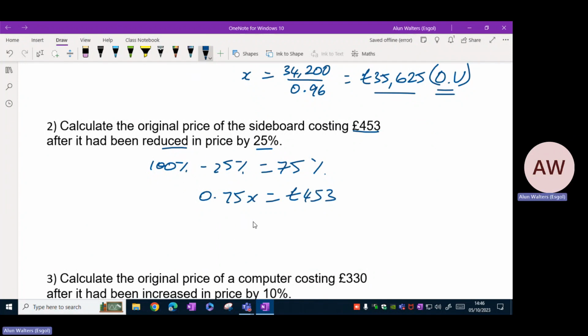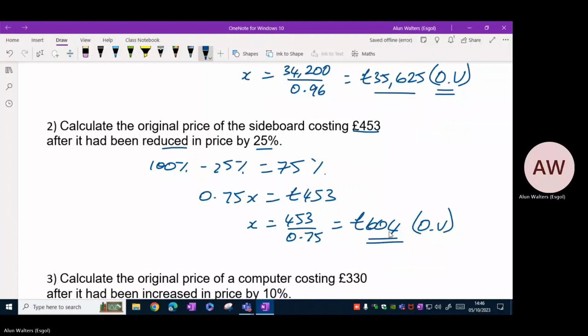Okay, and x is equal to 453 divided by 0.75, and I end up with a nice £604. Check it makes sense. If the original price of the sideboard was 604, yes, it comes down to 453 when it's reduced, so it makes sense.